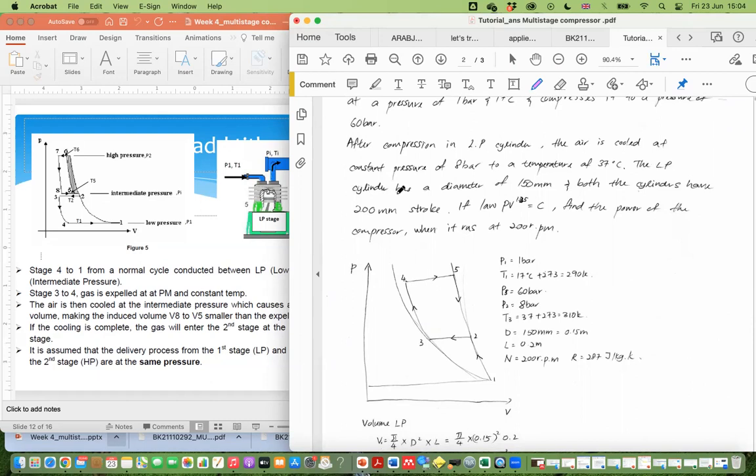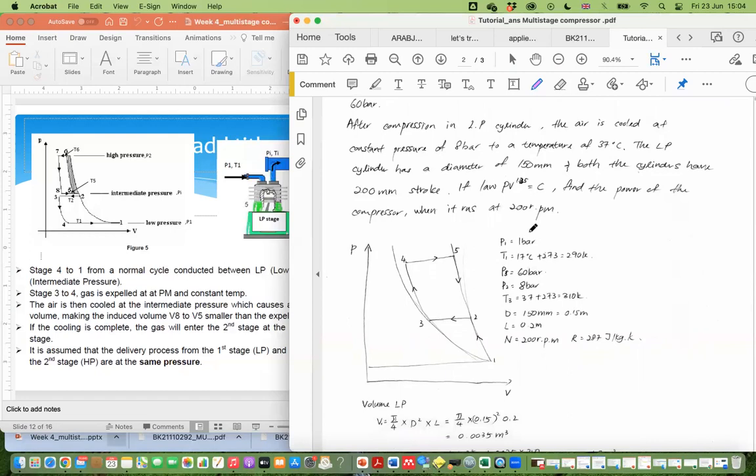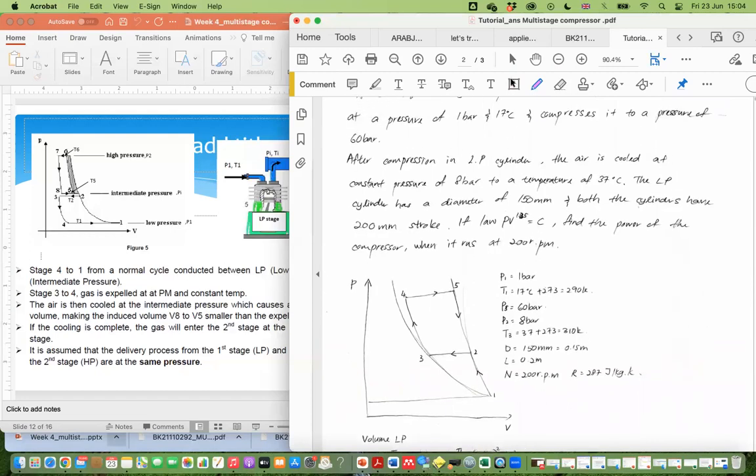The low pressure cylinder has a diameter of 150 millimeter and the stroke is 200 millimeter. N equals 1.3. Find the power of the compressor when it runs at 200 RPM.